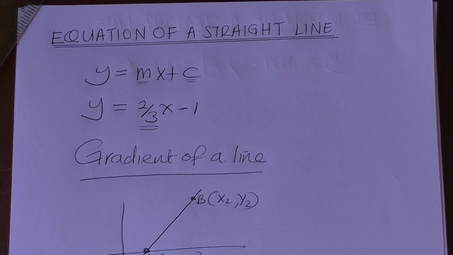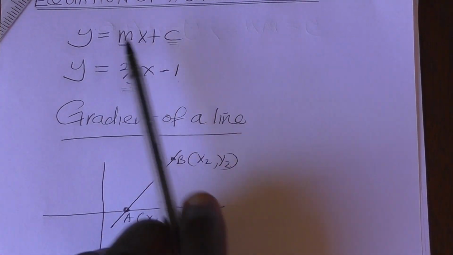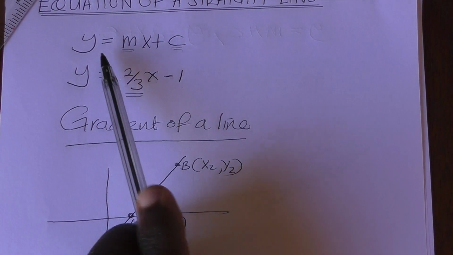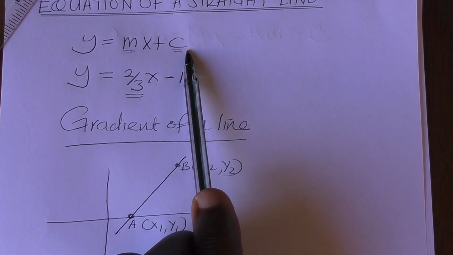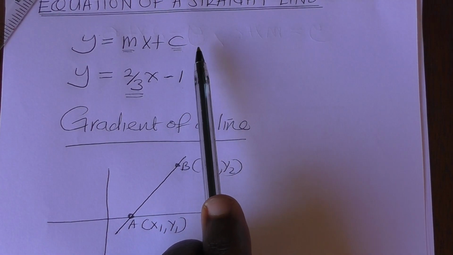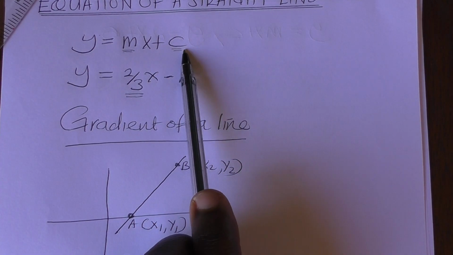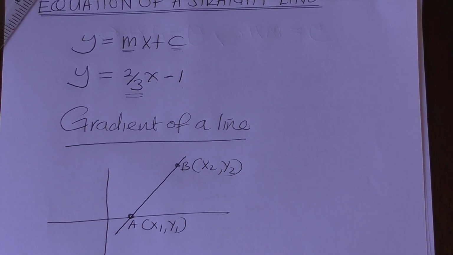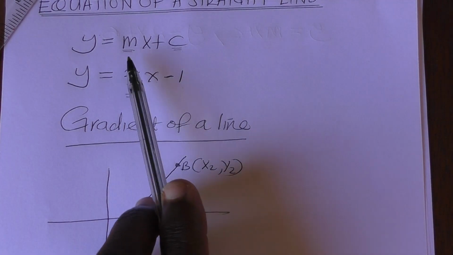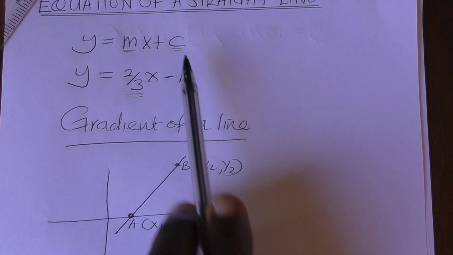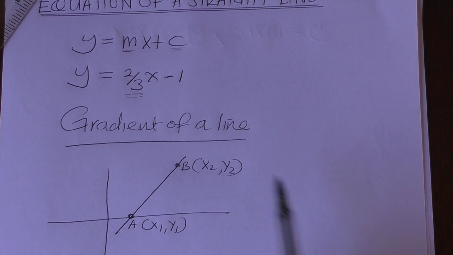So, the general equation of a straight line is given by y equals mx plus c, where m is the gradient and c is the y-intercept. That means that for us to find the equation, we must find the gradient and the y-intercept and substitute in the general equation.